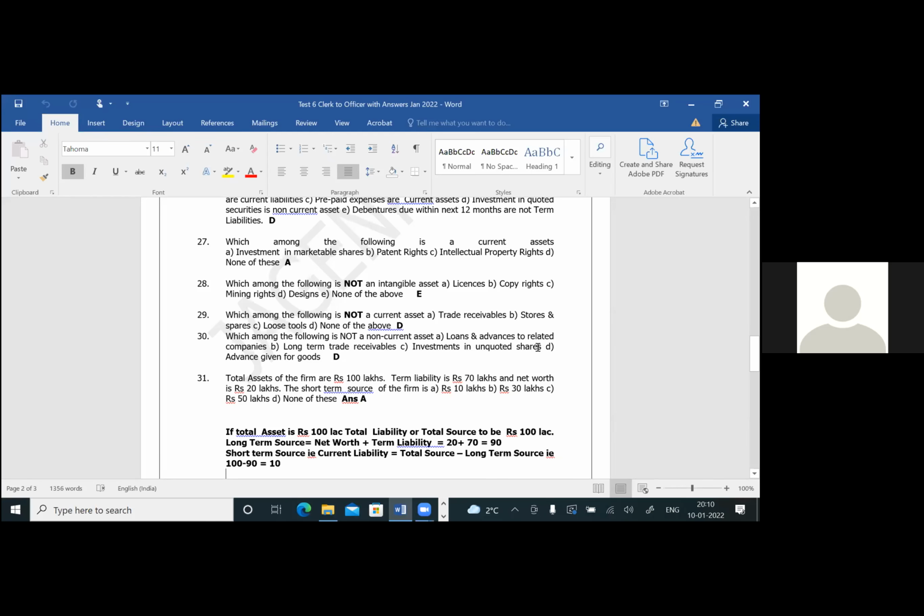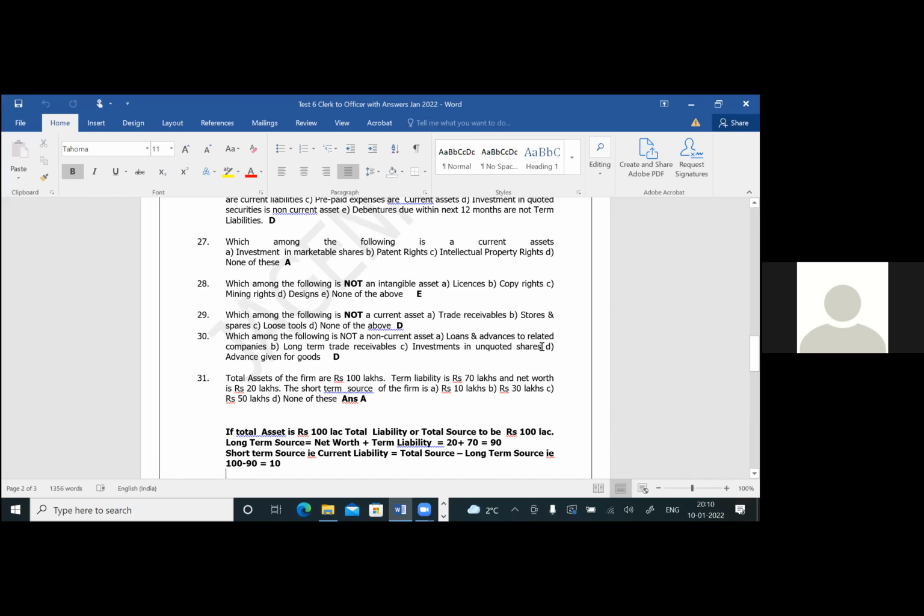Investments in unquoted shares, it is a non-current asset. Advances given for goods, it is a prepaid expense. I told you prepaid expenses have to be classified as current assets. The question is, which is not a non-current asset? So loans and advances to related companies is a non-current asset. Long-term receivables is a non-current asset.